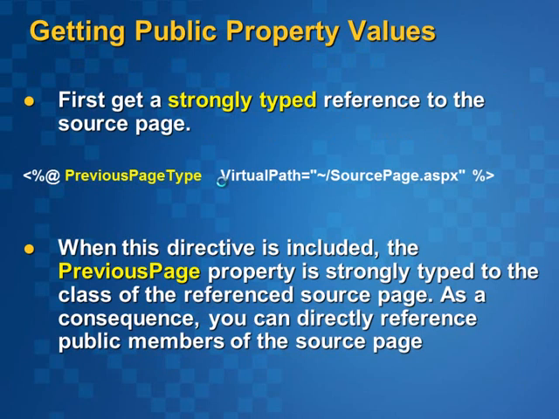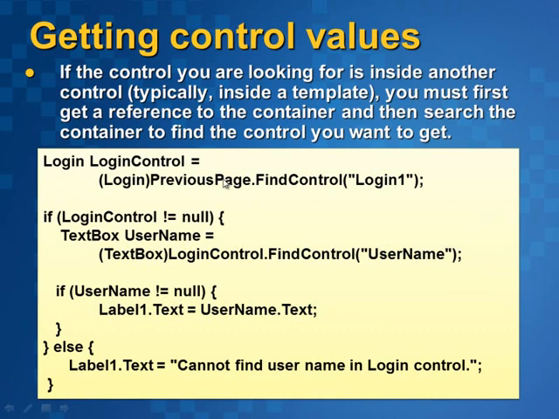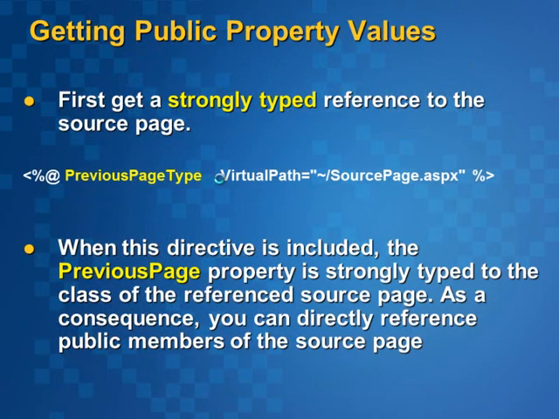When you use this previous page, it's a base class that is used for the reference. Now you know very well, whenever you use a base to refer to a derived class, not all the properties or methods will be invoked by it. Some of them will not be available. So what you need to do is temporarily convert this previous page object into a type that completely resembles your previous page. How to achieve this?